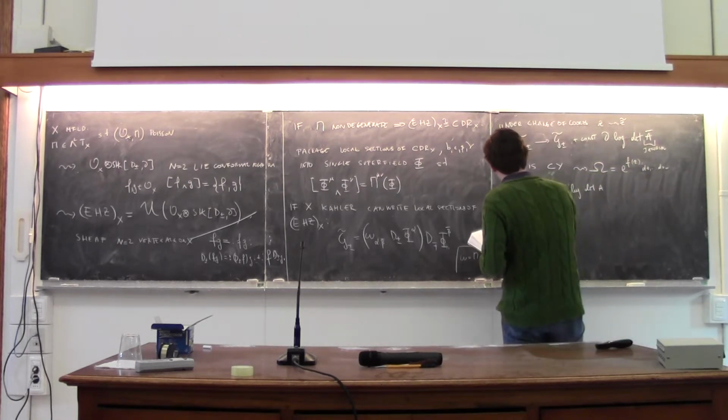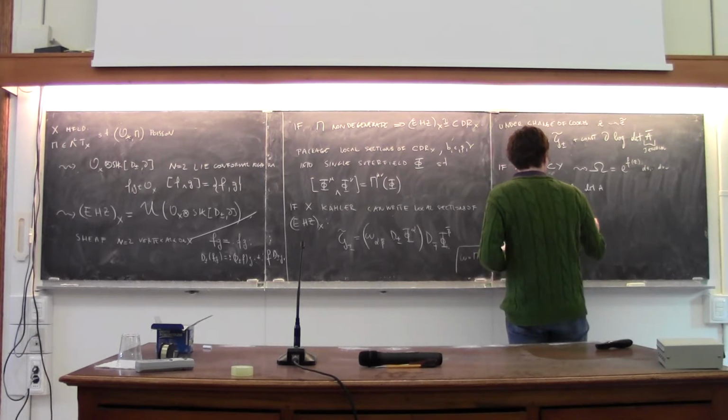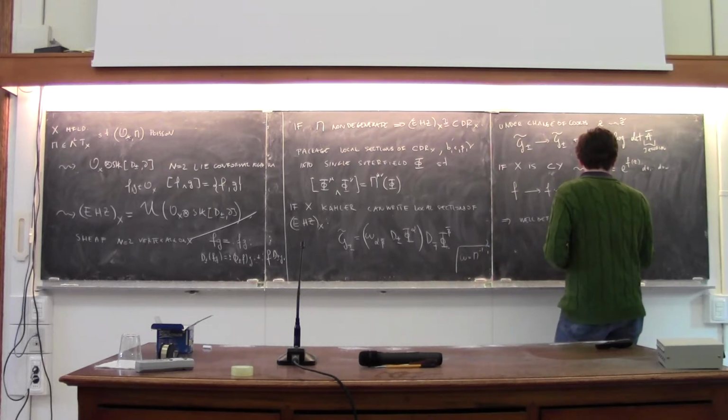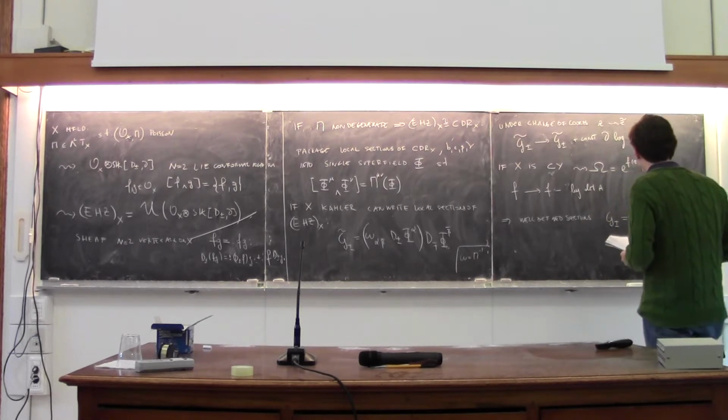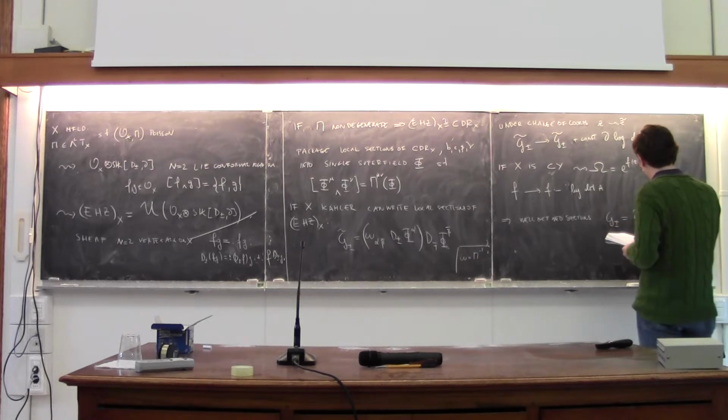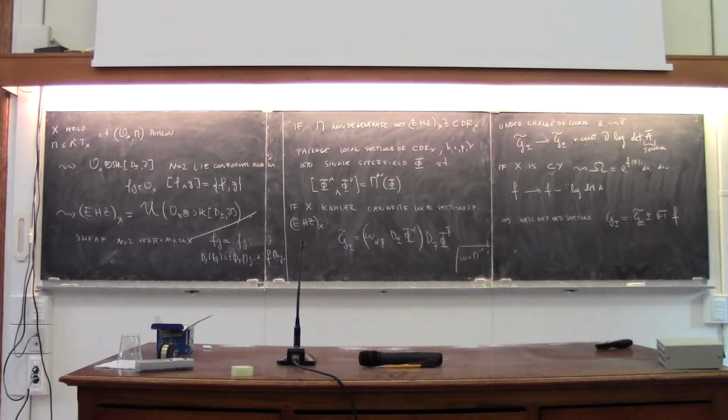And therefore, this means that in this case, we can write well-defined sections by writing g plus or minus as the old g plus or minus tilde and correcting it by plus or minus square root of -1 times f bar.